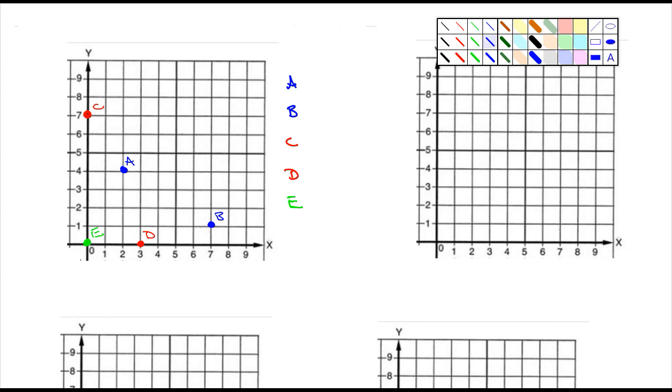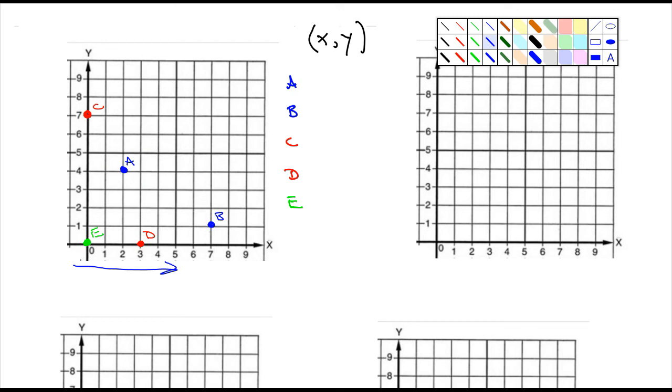If I said, what's the location, or what are the coordinate pairs of A? Well, remember, it's always X. X is the first value. And I'm just going to put that up here, X, comma, Y. Whenever you see a coordinate pair, remember that X is always first. So we're going to go along the X line here till we line up with A. Here's A right there.